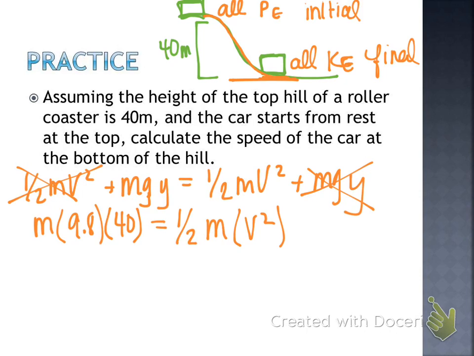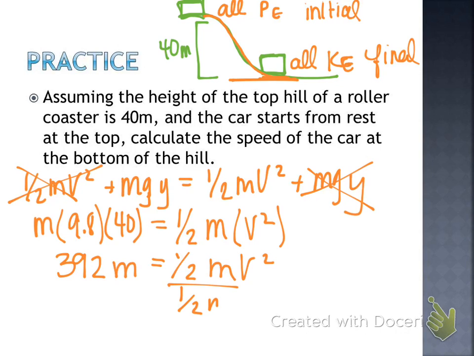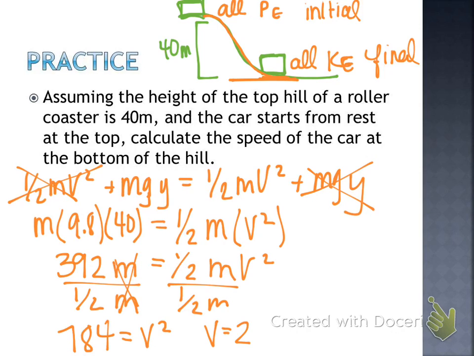Again, our m's are going to cancel here, so we don't really need to know the mass, but this is 392 m equals 1/2 mv squared. So we'll divide by 1/2 m, divide by 1/2 m. That's going to cancel our m values, and give us 784 equals v squared. And it's going to give us a final velocity of 28 meters per second.